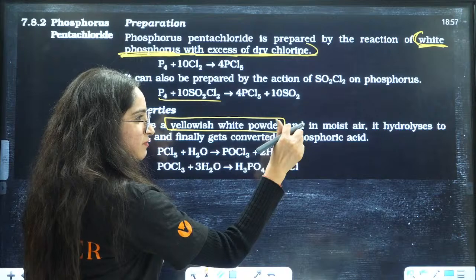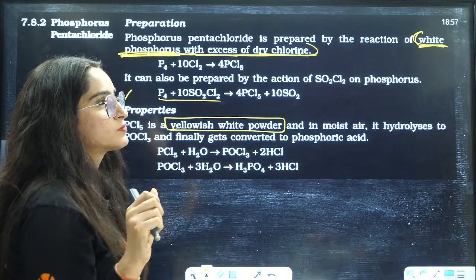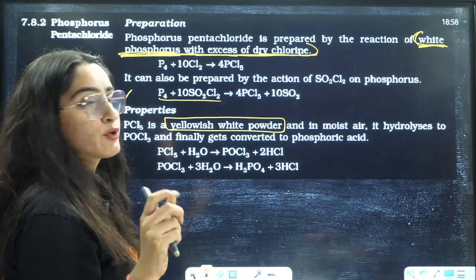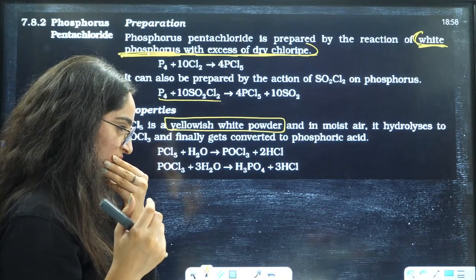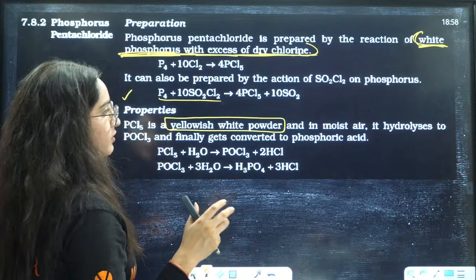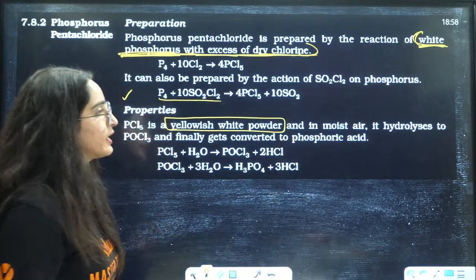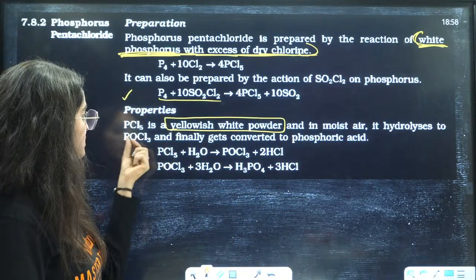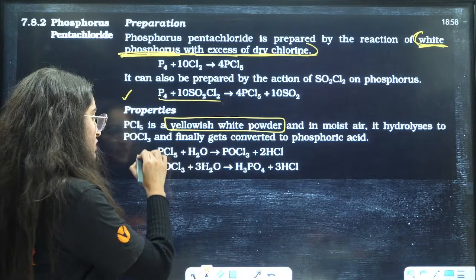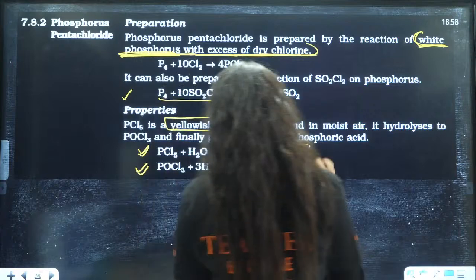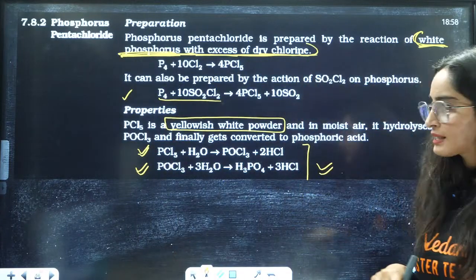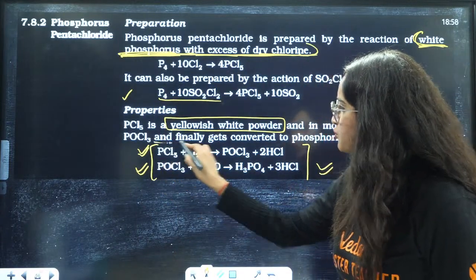I don't know the word for that, but it's a very pale yellowish kind of thing, right? So in moist air, it hydrolyzes to POCl3. This reaction is again important. This reaction is also important, right? These two reactions are important for you, you can remember these two reactions.